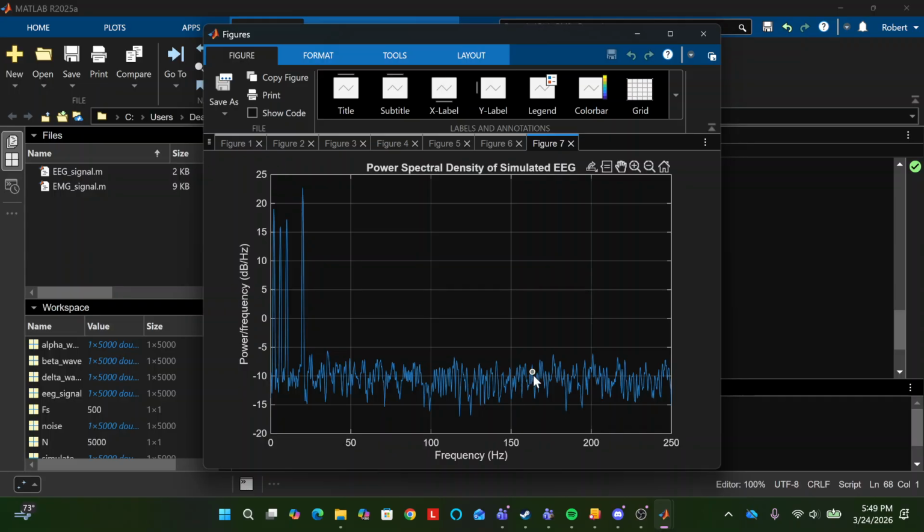Our power over frequency drops down and becomes low and negative as we go past a certain frequency. So if we look right here, that frequency that we start to hit, so around 22 hertz, 23 hertz, for our frequency, the power per frequency starts to go negative.